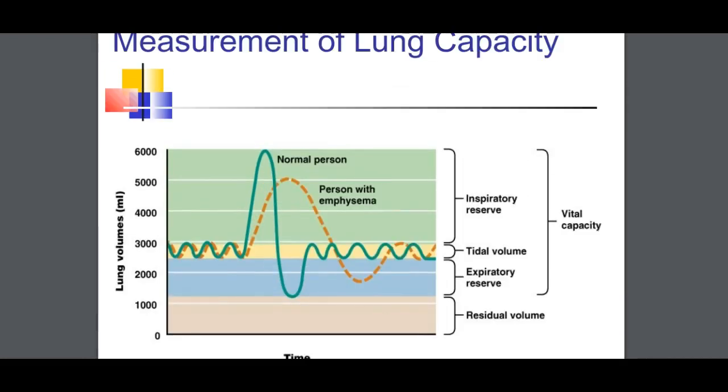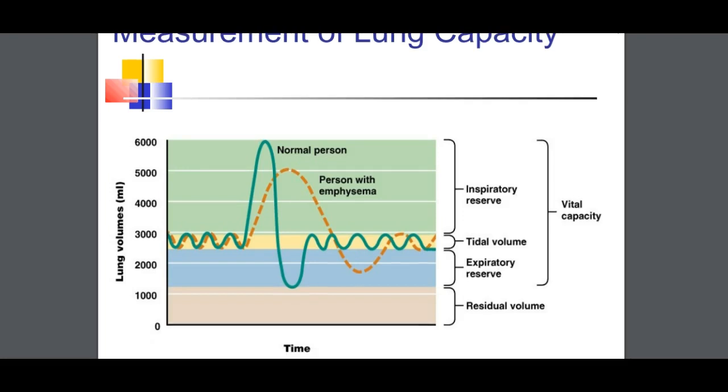The measurement of lung capacity is shown here. And this is just based on a normal person and a person with emphysema. If you can see, the emphysema is indicated with the dotted lines. Over to the right, they have the inspiratory reserve, which is at the top, and a person with emphysema is using that inspiratory reserve.